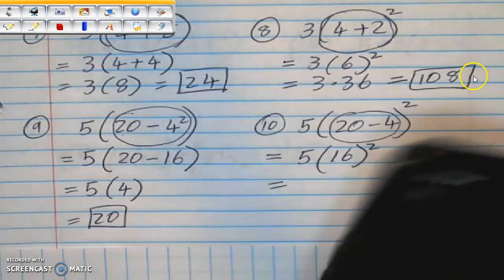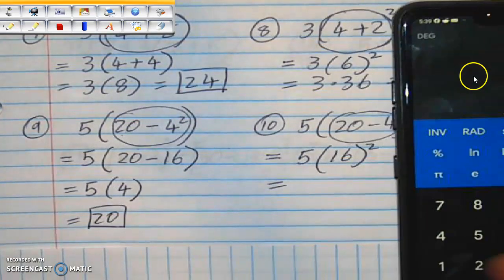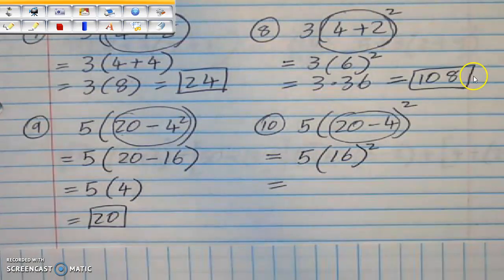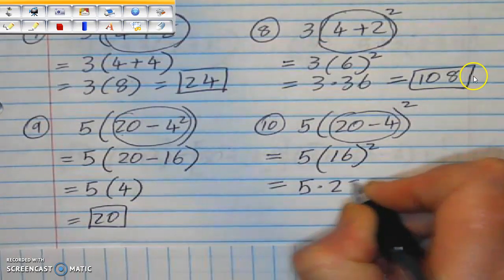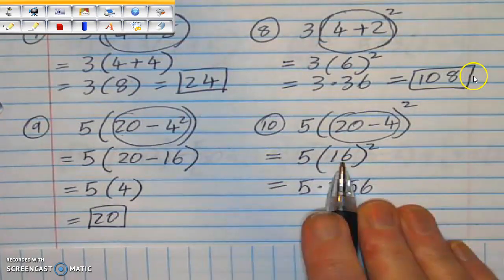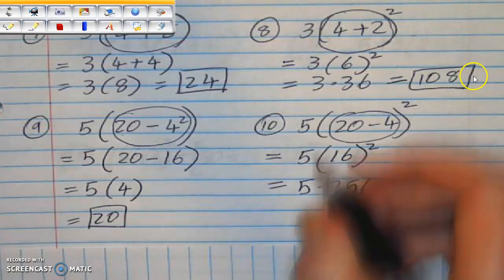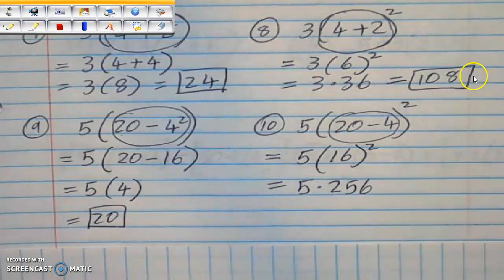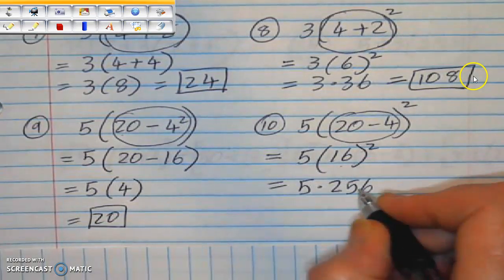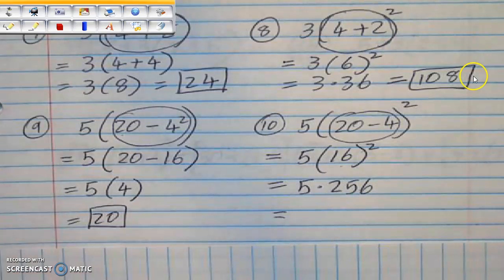So let's look together and let's do 16 squared. 16 times 16, 256. So this is going to be 5 times 256. And again, remember, we do the squaring before we do the multiplication. The 5 in front of the parentheses is multiplication. So we do the squaring first, and then we multiply by 5.